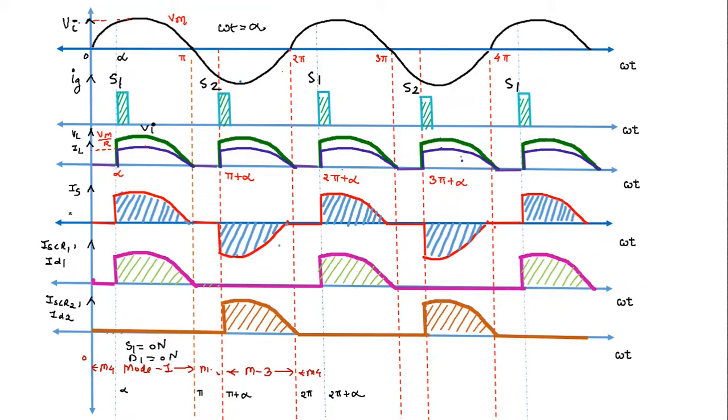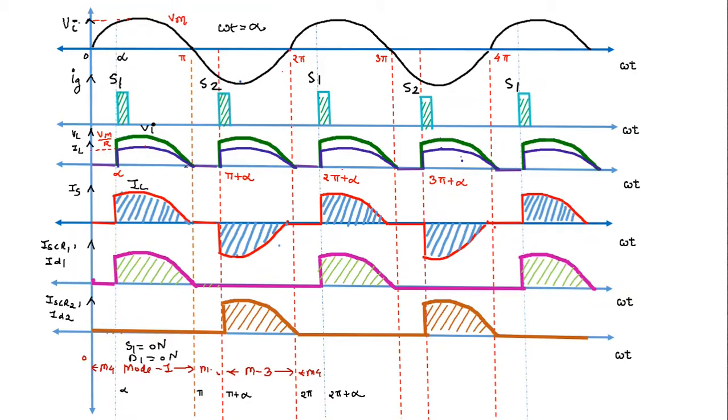Now we will go to the source current. What will be the source current? Source current will be equal to load current in this first mode of operation. Whatever the shape of the load current, it will be equal to the source current. Now, what are the SCR1 current and diode 1 current? Since SCR1 and diode D1 are conducting and are in series with each other, these currents will be equal to the load current.